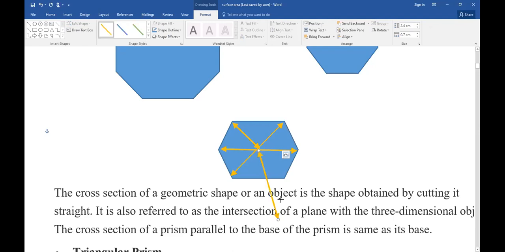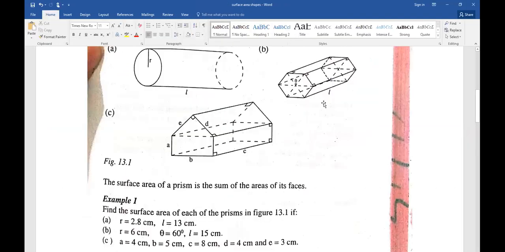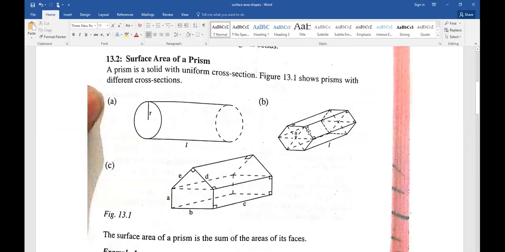It's supposed to be like this. So this is what I have done. And now comparing it with what we have here. So this is the shape. This is the hexagonal shape I'm trying to do.